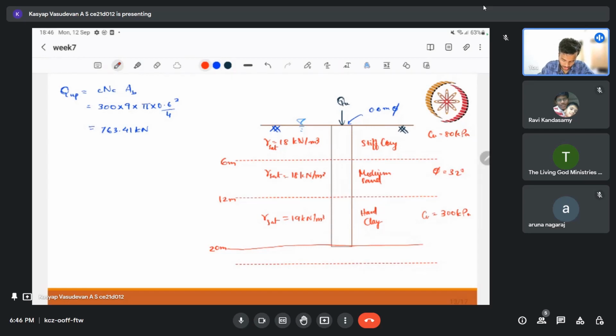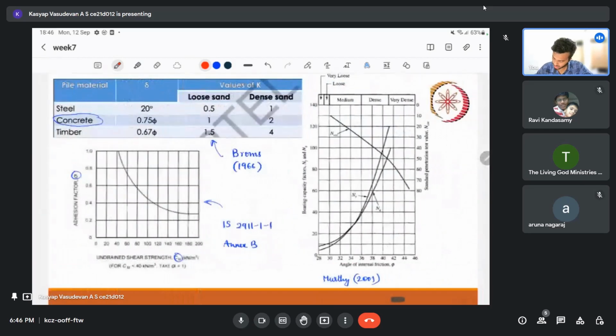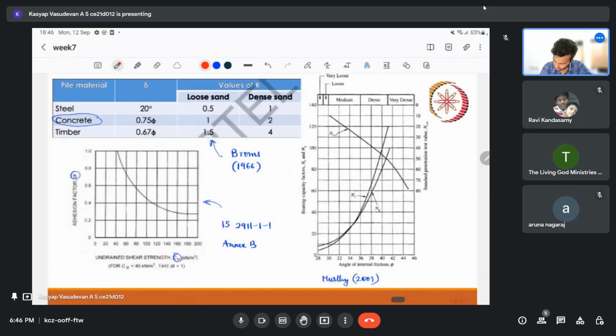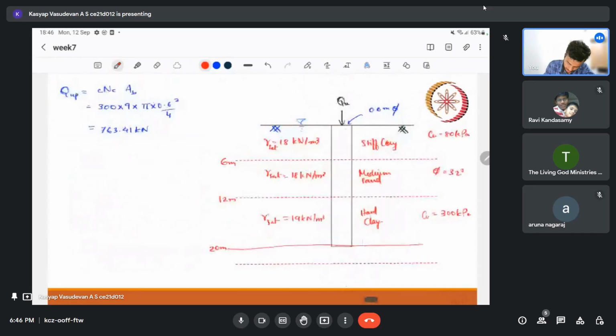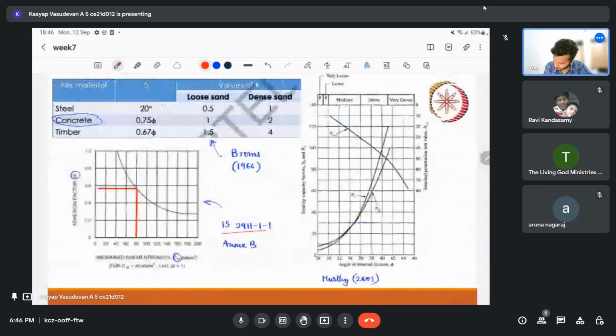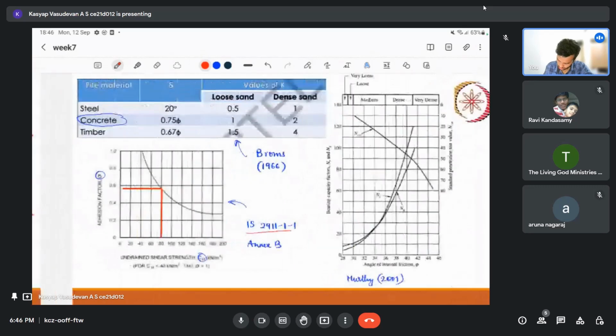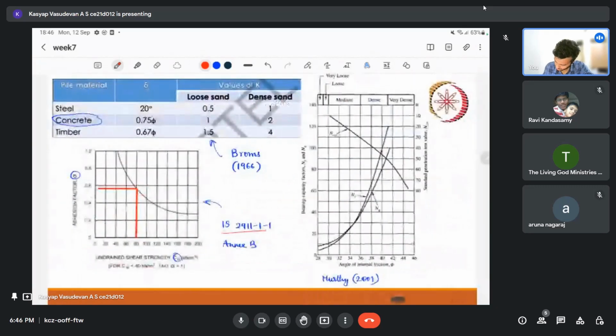So here we have cu of 80. Let us see in the IS code, 2911 part 1, first section. For 80, if I draw a line, I think I can assume it as 0.58. So alpha is equal to 0.58. Next one is for clay with 300. 300 is not in the chart.